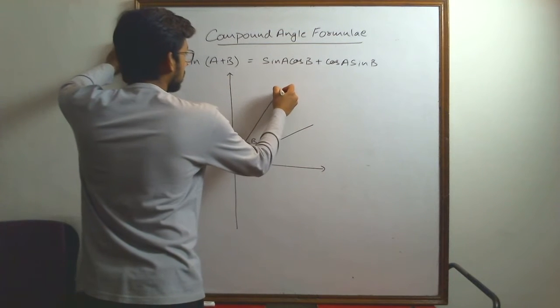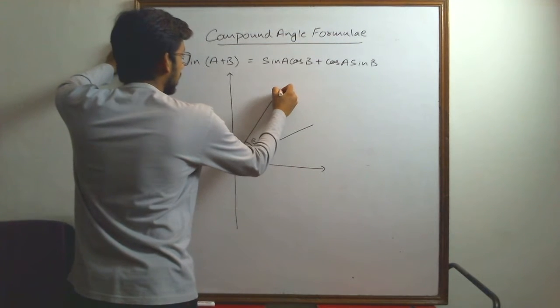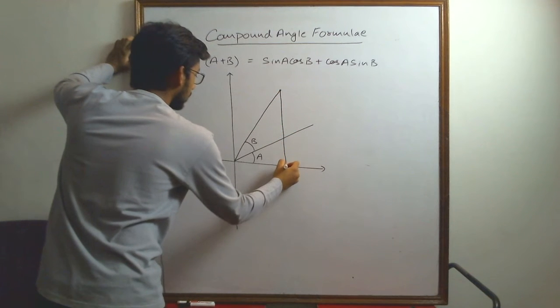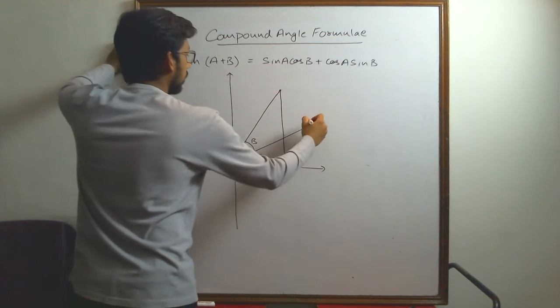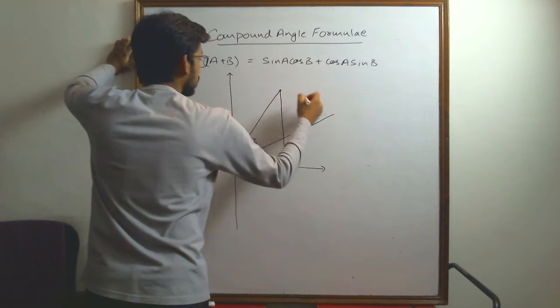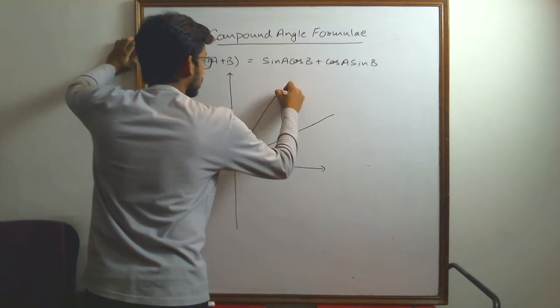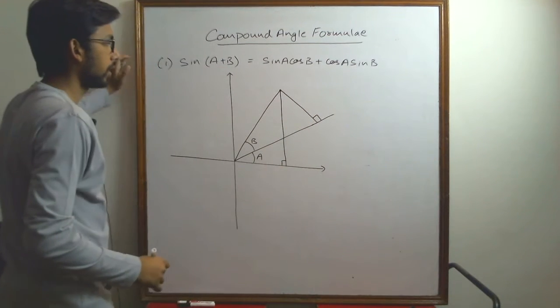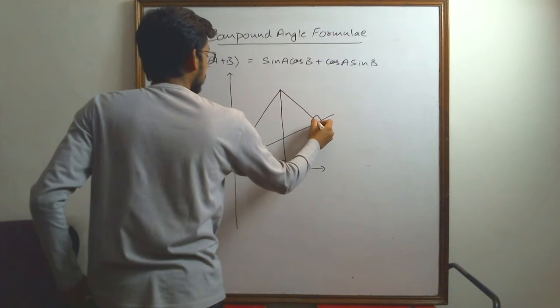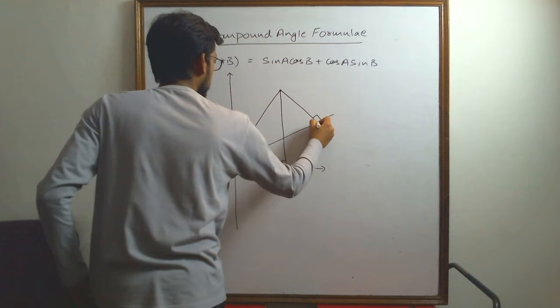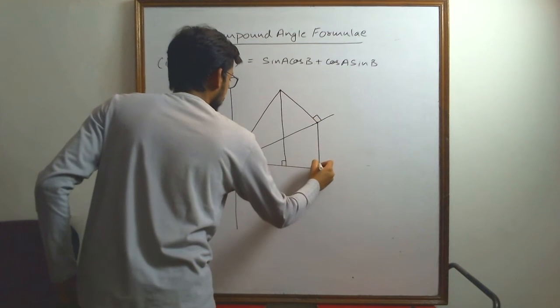Now from this point, make a perpendicular onto the x-axis. Also make a perpendicular from this point onto this ray like this. This is a perpendicular, and from this point where the perpendicular is the foot of the perpendicular, make a perpendicular again on the x-axis like this.